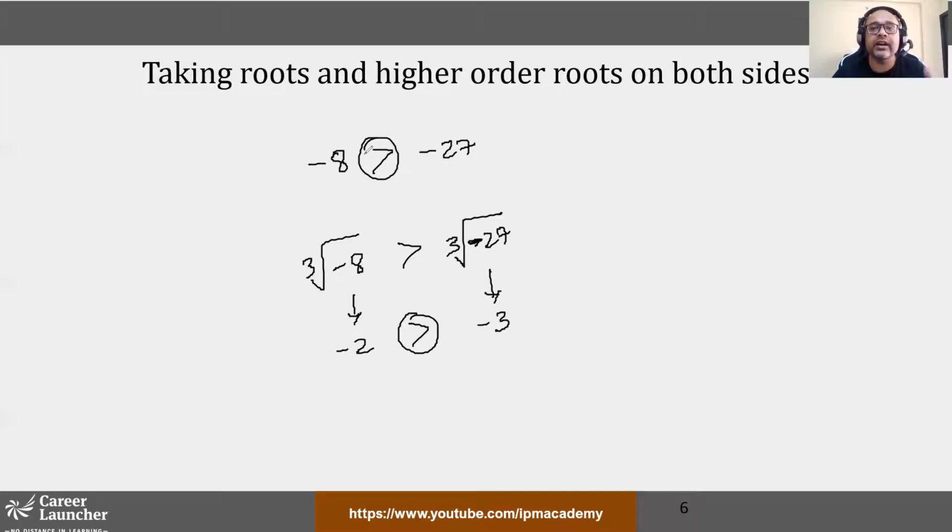So for higher odd powers, the sign will remain the same. Even powers, first of all, cannot be taken for negatives. That much you know. So if you're talking about even roots like the 4th root, power of 1/4, or square root and so on, then obviously both sides should be positive, and then it gets back to the previous example of your 100 less than 169.